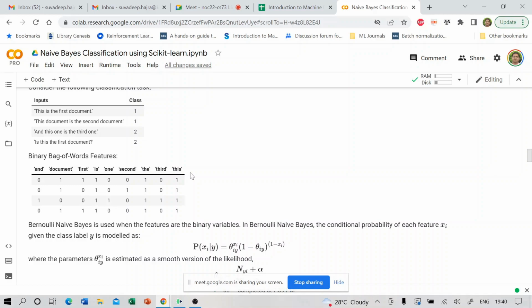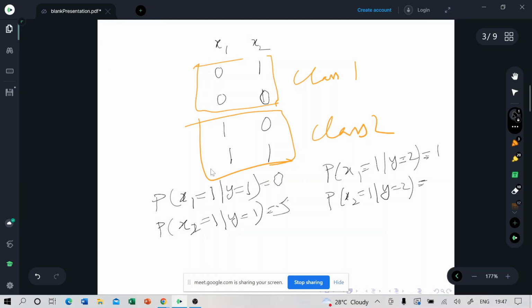Then probability of x1 is equal to 1 given y is equal to 2. 1. And what will be the probability of x2 equal to 1 given y equal to 2? 0.5. Okay, now suppose there are other examples.